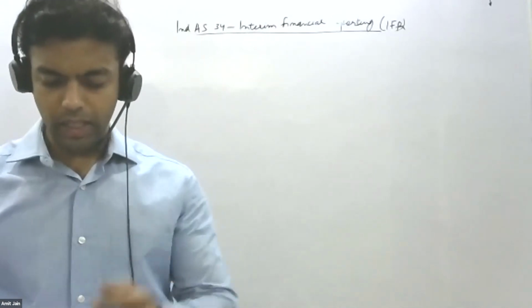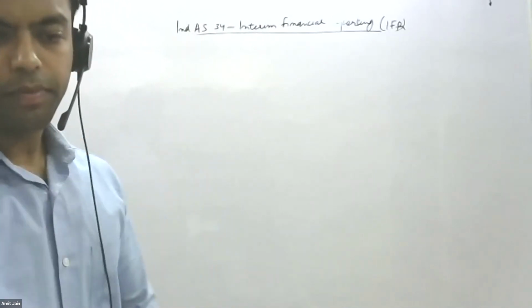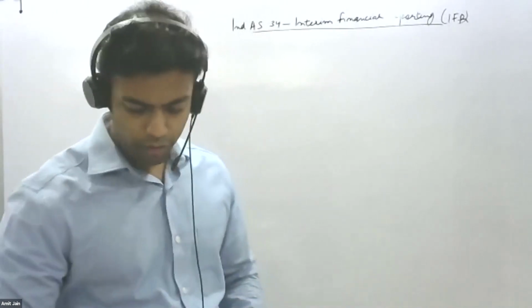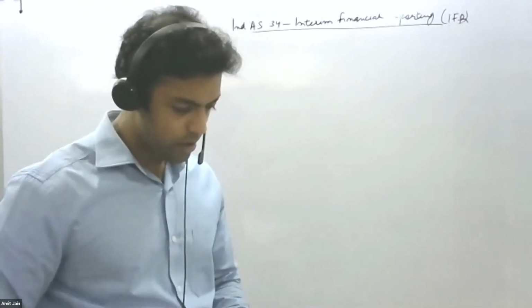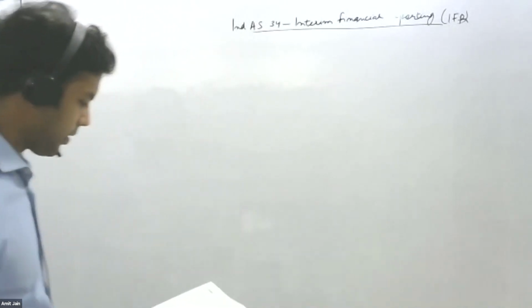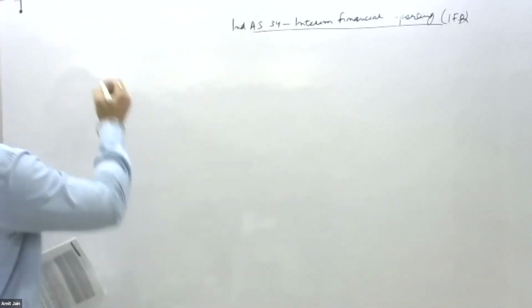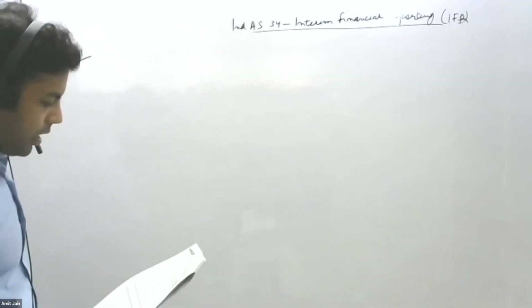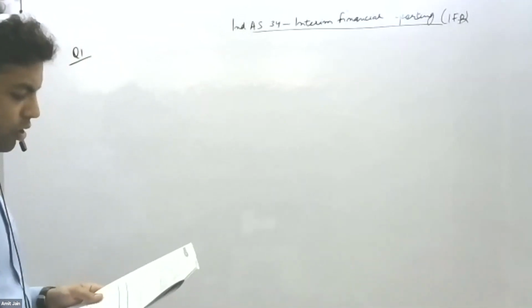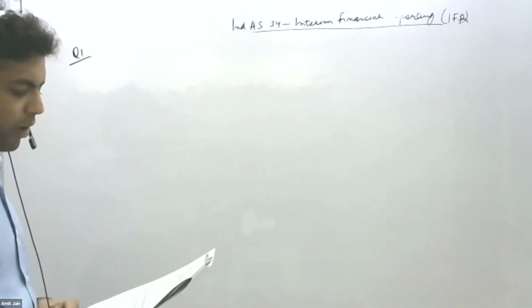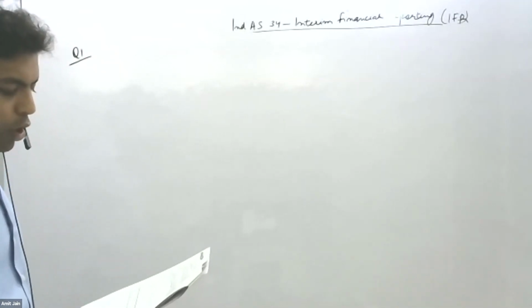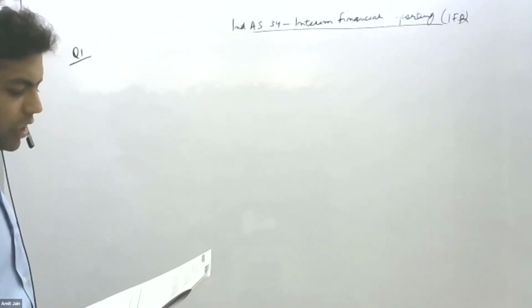Okay, let's take question number one of the study material. Let me read. A company has reported 60,000 rupees as a pre-tax profit, that means profit before tax, in the first quarter, and expects a loss of 15,000 in each subsequent quarter.